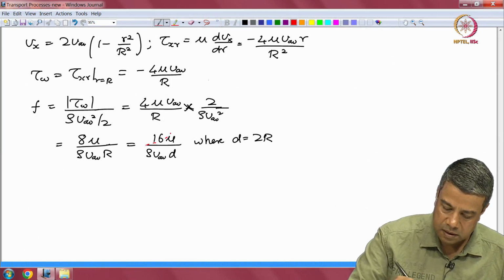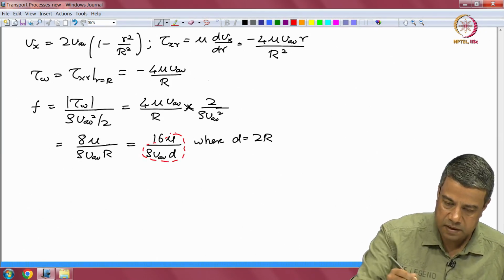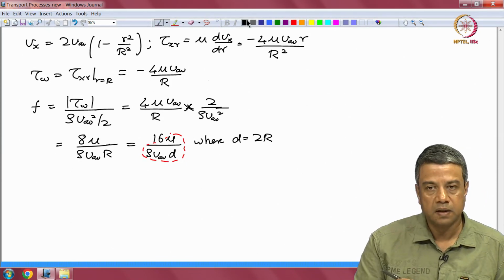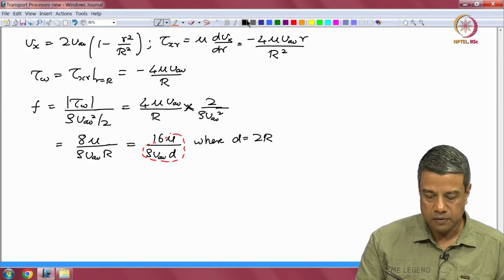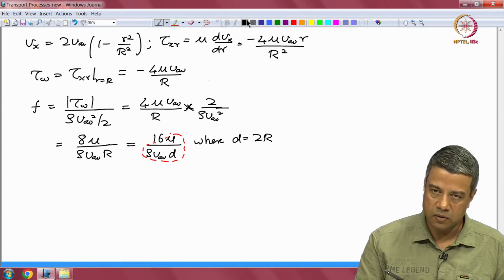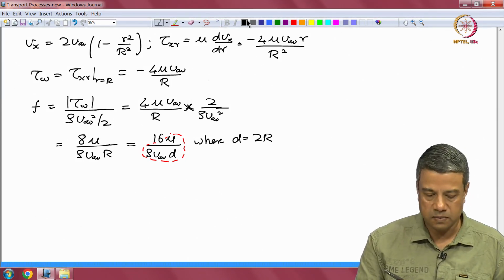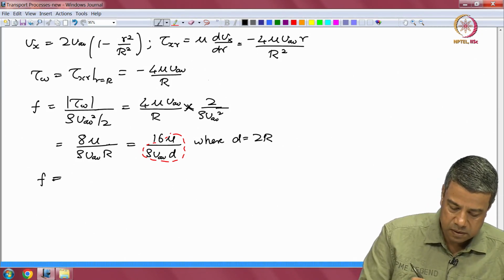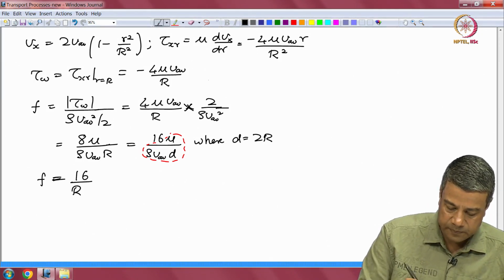And this is the definition of 1 over the Reynolds number. Recall that for a pipe flow, rho V average D by mu is the Reynolds number. So, I get f is equal to 16 by Re.